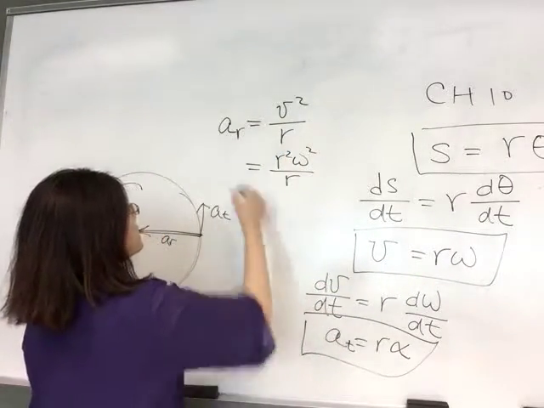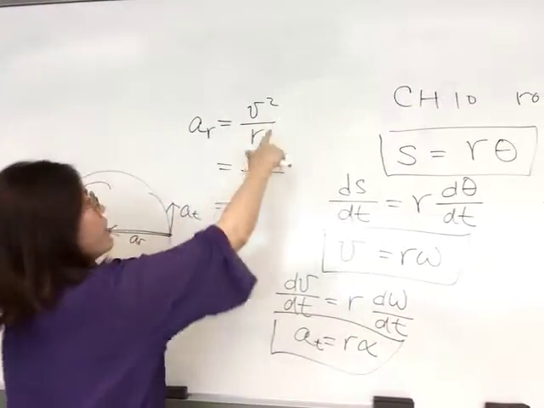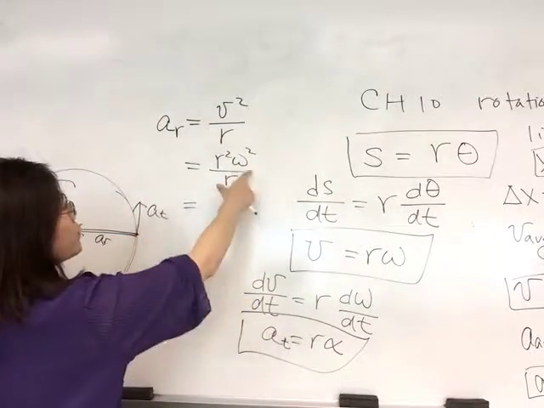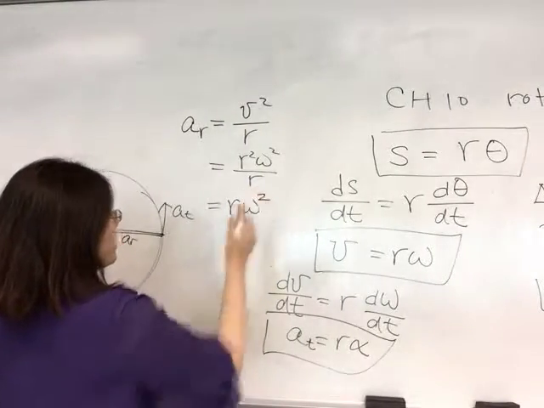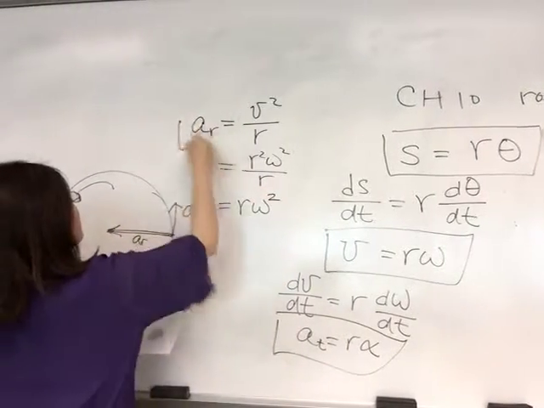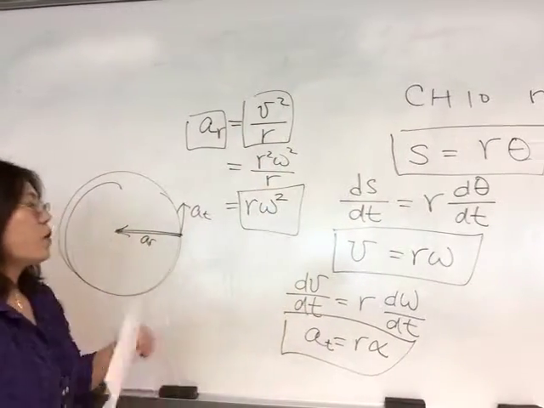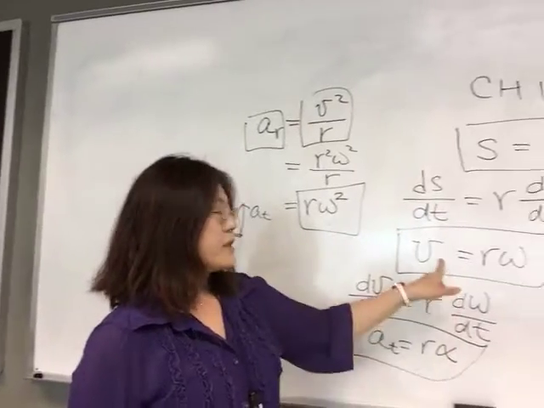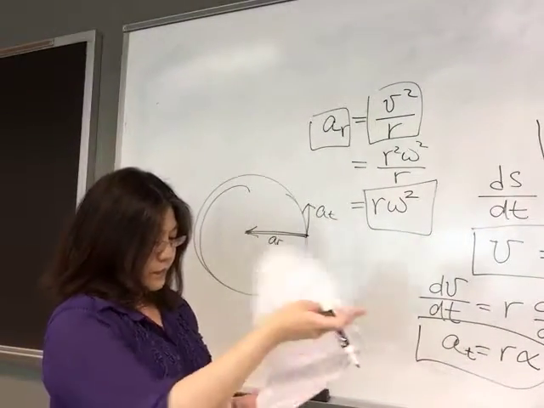And what we get here is that the radial component has two expressions. If you are using the linear velocity, then that's just v squared over r. If you're using the angular velocity, then that's r omega squared. Okay? So either this or this, and it depends on what information you're given. And we utilize v equals r omega, that expression.